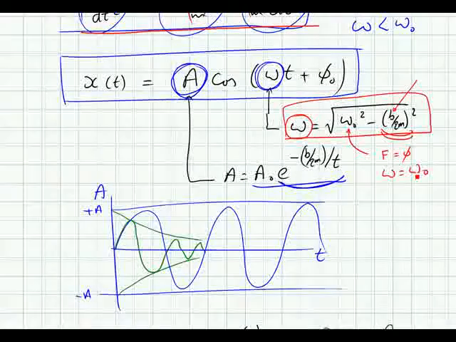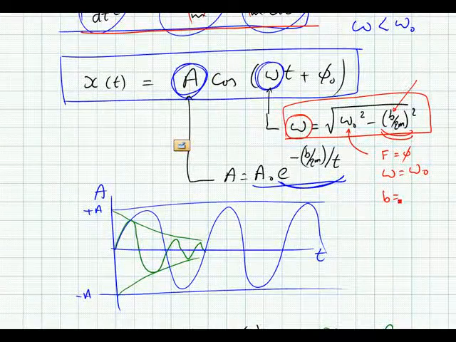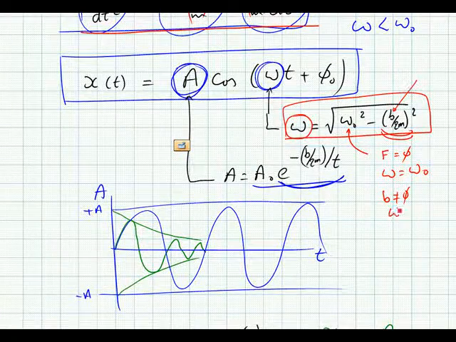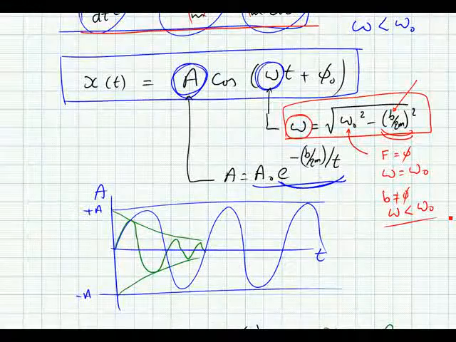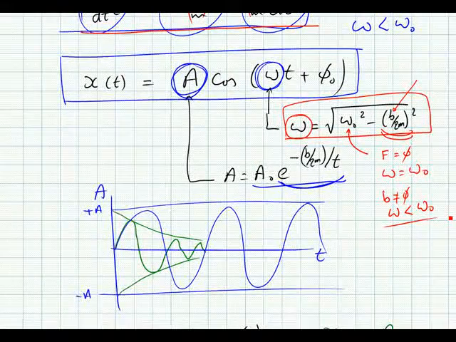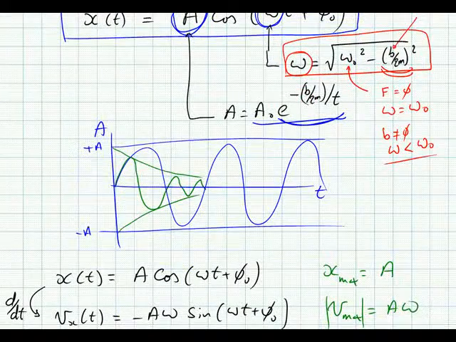But if we have some kind of air resistance, i.e. b is not zero, then ω will be less than the natural angular frequency of the object.